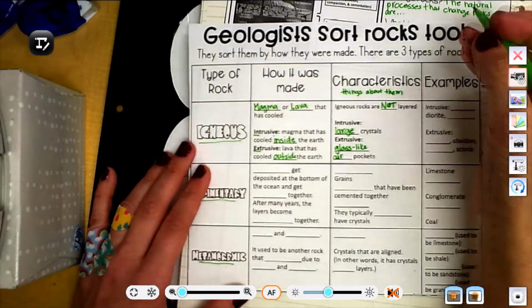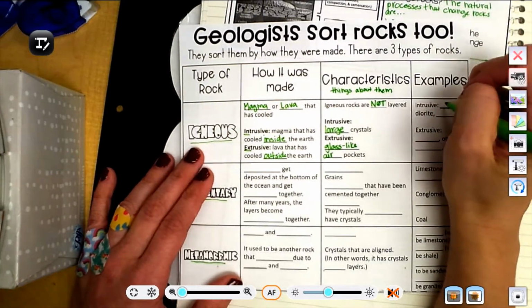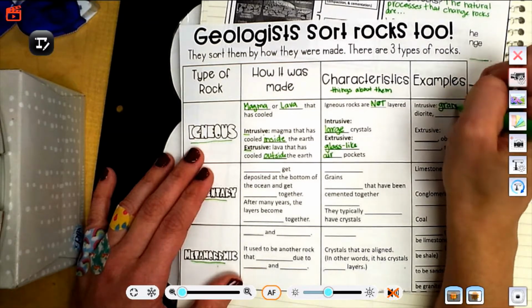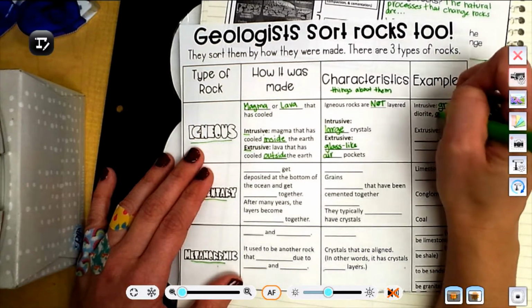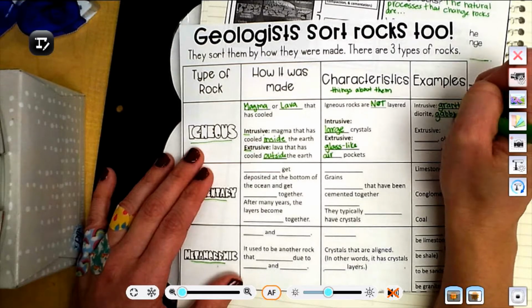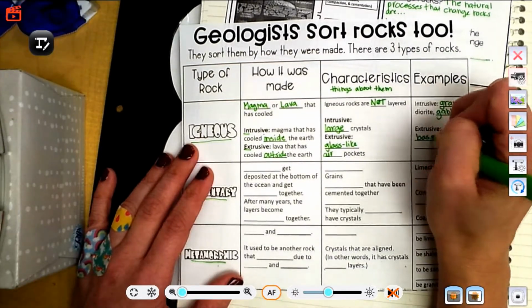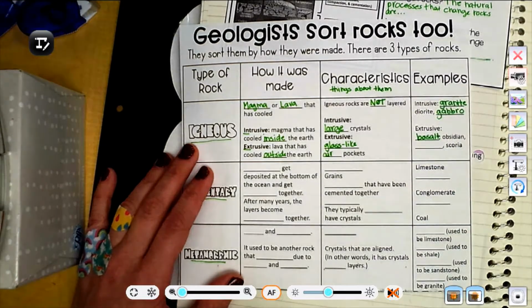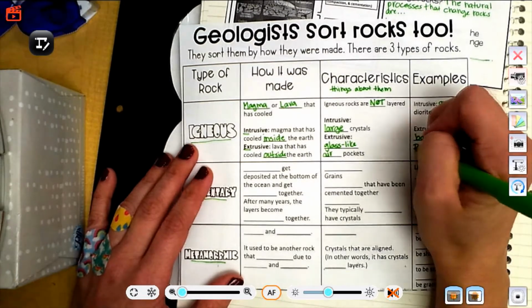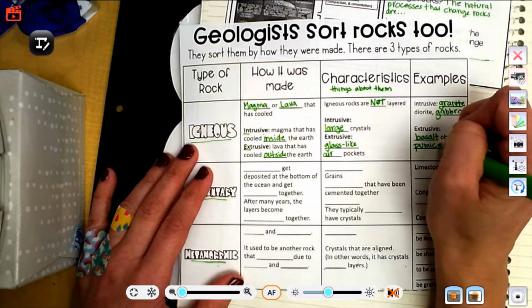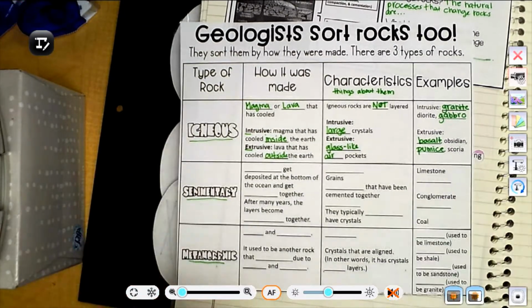So examples of some intrusive ones: granite, that's the one we looked at in class, diorite, and gabbro. Some extrusive, we looked at basalt and obsidian. We also looked at pumice, and another one is this scoria. Then we've got sedimentary rocks.